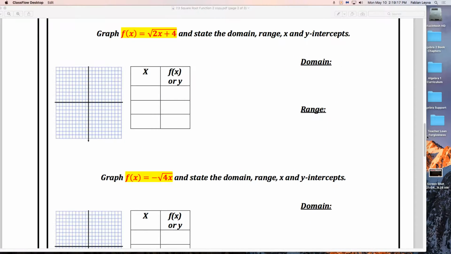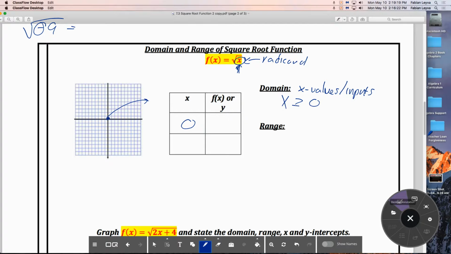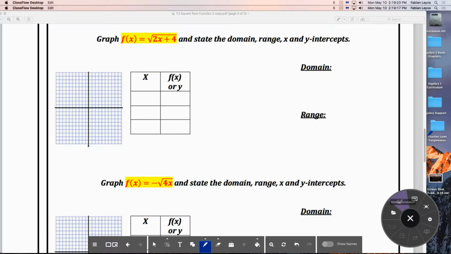All right, so I want you to graph the following function. First thing that I want you to notice is that you have a radical there. Now, what is true about the radicand, aka everything that's underneath the radical? What is true about the domain values in regards to that radicand? It always has to be greater than or equal to 0, because you can never take the square root of a negative.